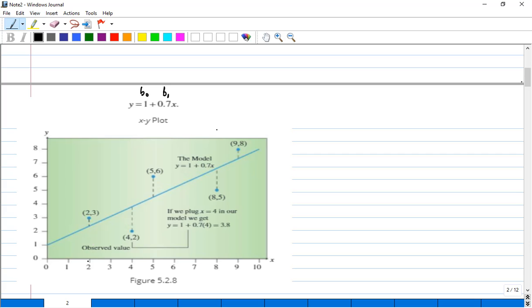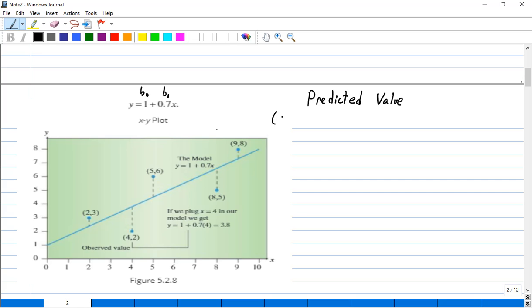For example, look, if I plug in a 2 right here into this equation, then my predicted value is whatever I get when I plug in a 2. So let's go through each value for x, or for each point.